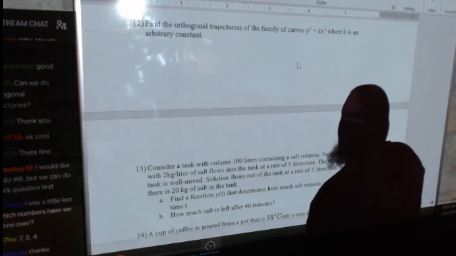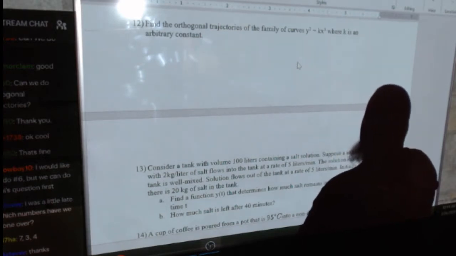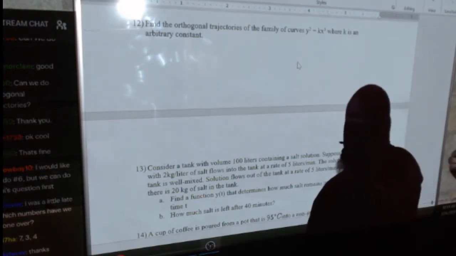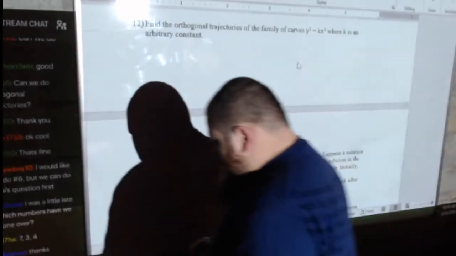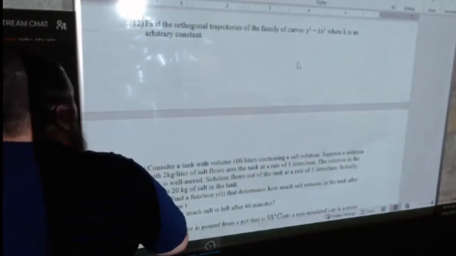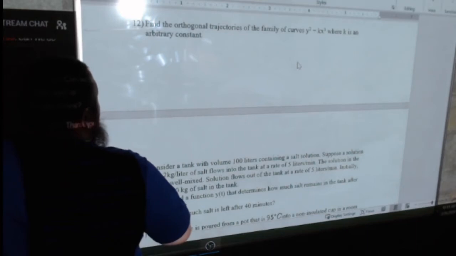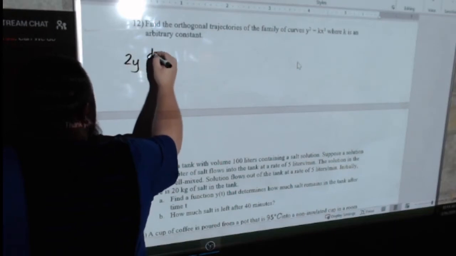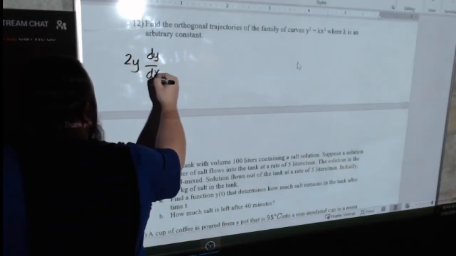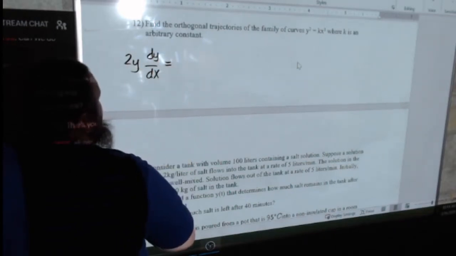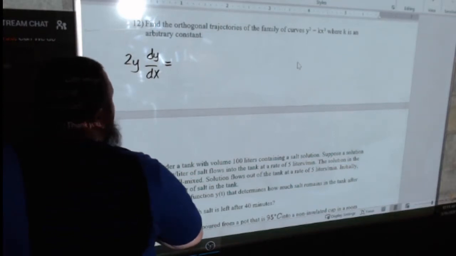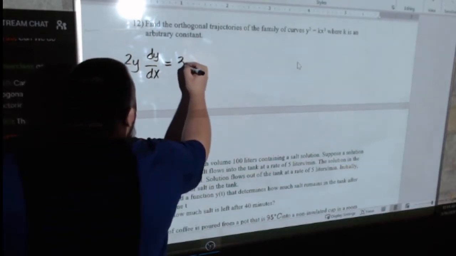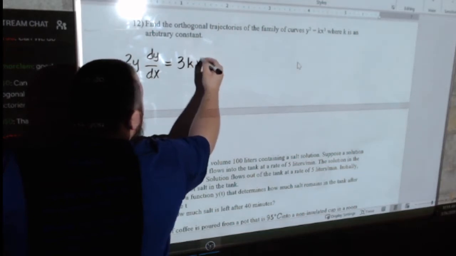Alright, so find the orthogonal trajectory of the family of curves. So remember, the first thing we have to do is find y prime. We can do that implicitly here. So this is going to be 2y dy dx. And then on the other side, we're going to get 3kx squared.